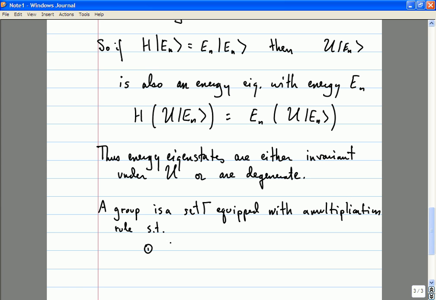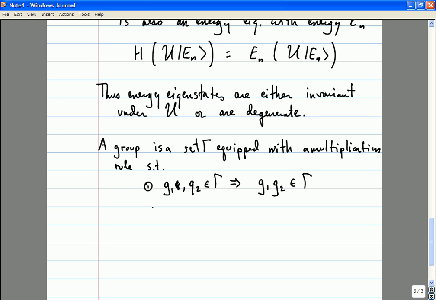First, if you have two elements in your group, then you can multiply them together to get another element in your group. Second, there is a special element of your group, usually denoted 1, such that 1 times an element is just equal to that element, independent of whether you multiply on the left or the right.